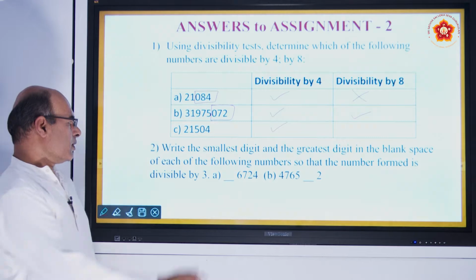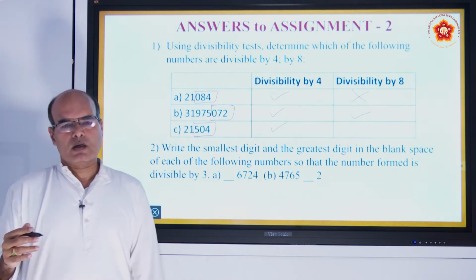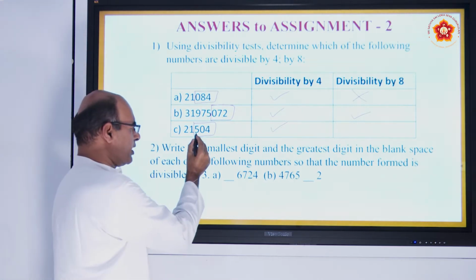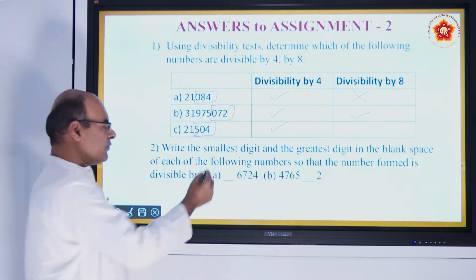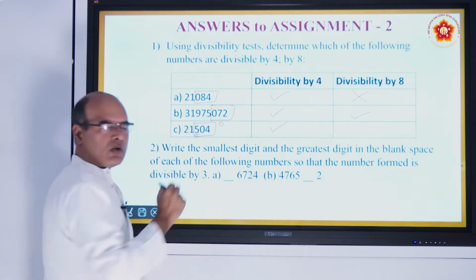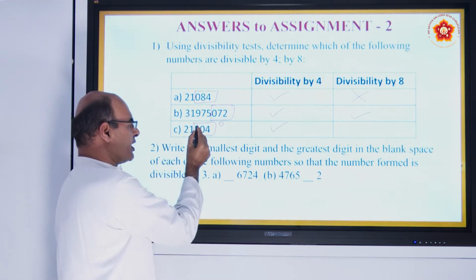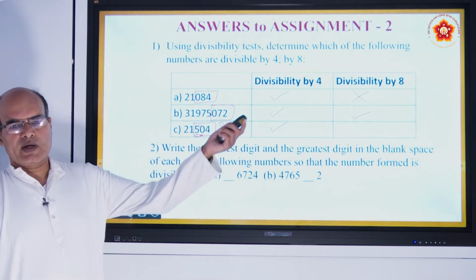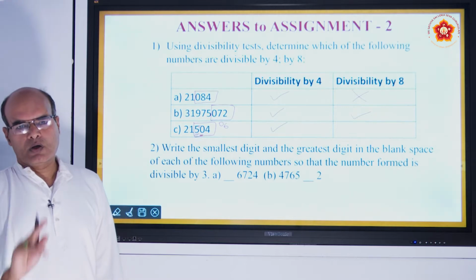In the last number, 504. Remember how we have to divide: we divide place by place. First take the first place, which is 5, less than 8. Therefore we put a 0 in the place of 5. Then that 5 goes to the next place and the next place becomes 50. We are dividing with 8. 8 6s are 48. 2 remains.